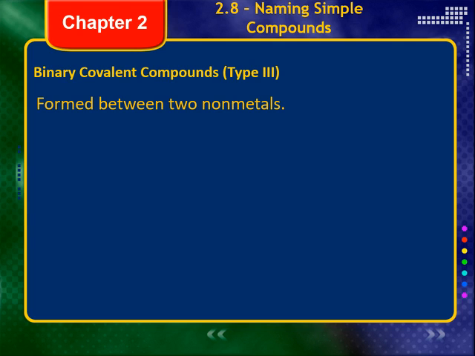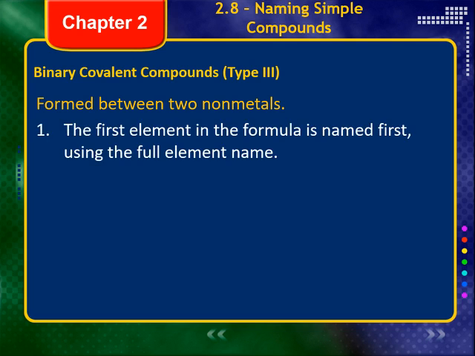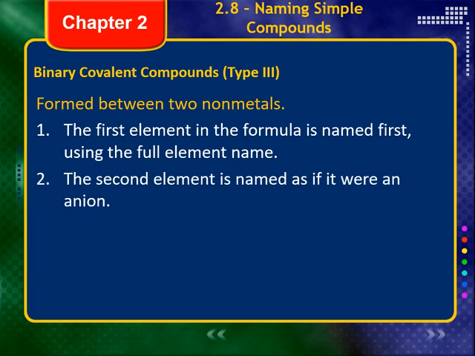Binary covalent. Because it's covalent, you have 2 different non-metals. When you see a covalent bond or it says a molecular bond, something like that, you're talking about non-metals for the most part. First off, the first element in the formula is named first, using the full element name. The second element is named as if it were an anion.